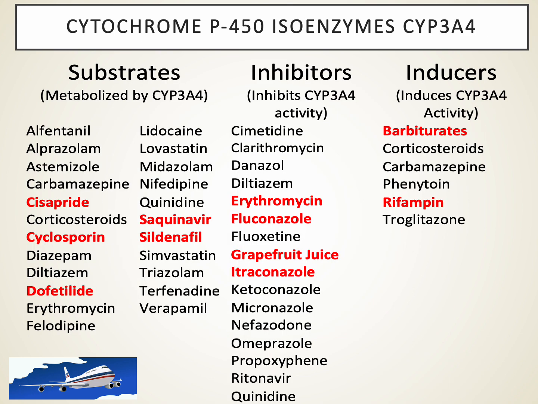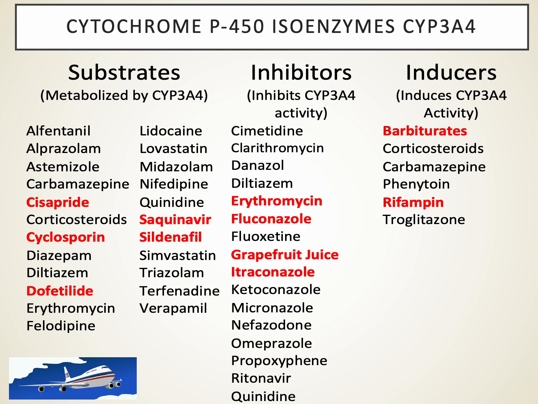Probably of all the drugs you're going to use that are metabolized by the isoenzymes, 3A4 is the major one, because this is just a partial list. There are many, many drugs that are substrates of 3A4. There are a good number of inhibitors and a good number of inducers. And so anybody who's on any drug that is either metabolized by 3A4, inhibits 3A4, or induces 3A4, when you add any other drug that falls in this mix, by its very nature, you can expect an interaction.